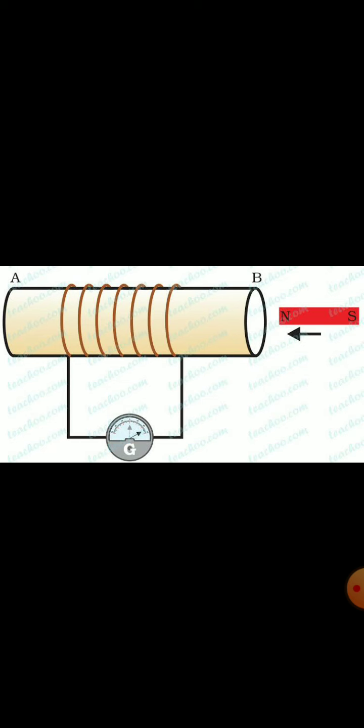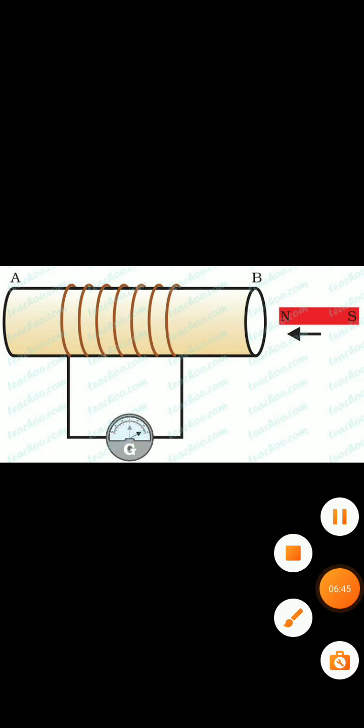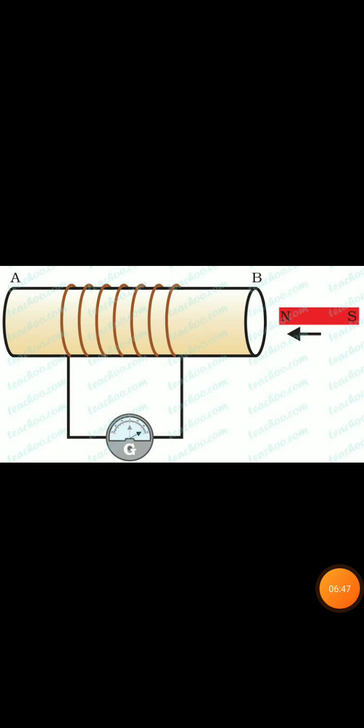As shown in the figure, when we move the north pole of the bar magnet towards the B end, the pointer of the galvanometer will deflect towards the right side, as you can see in the galvanometer. And when there is deflection, that indicates that there is the presence of a current in this coil AB, right?